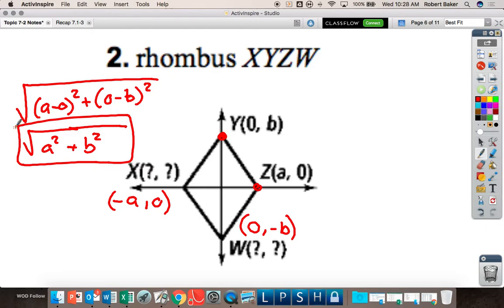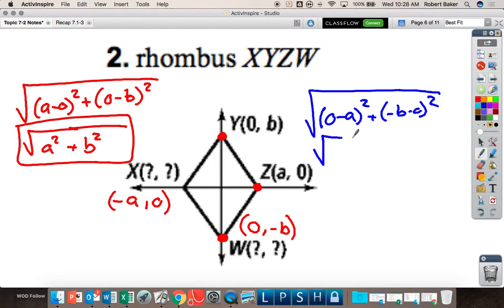So let's find the distance from here to here. So we'll do x2 minus x1, y2 minus y1. What's negative b squared?